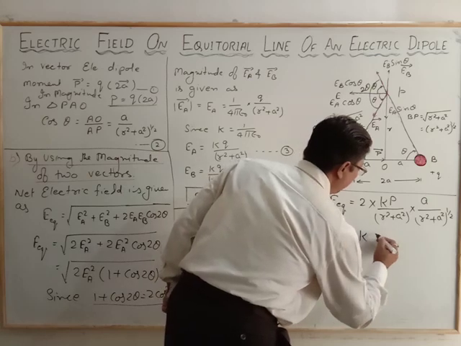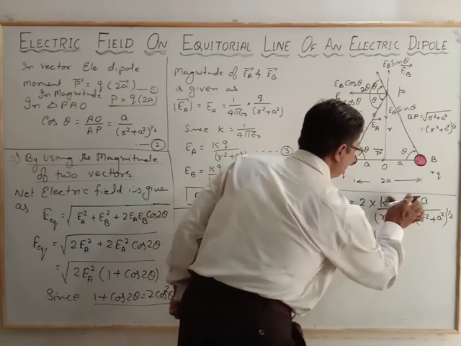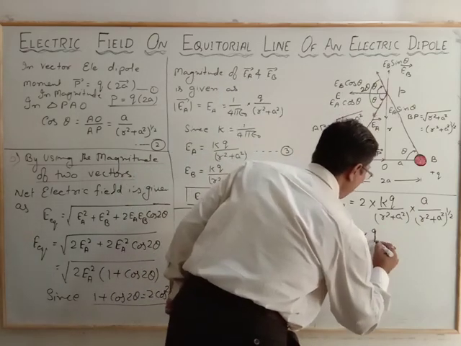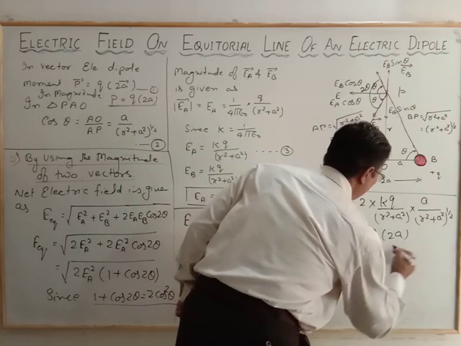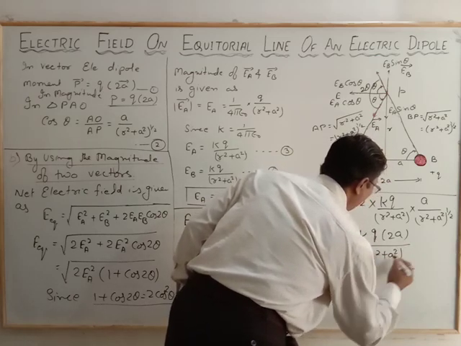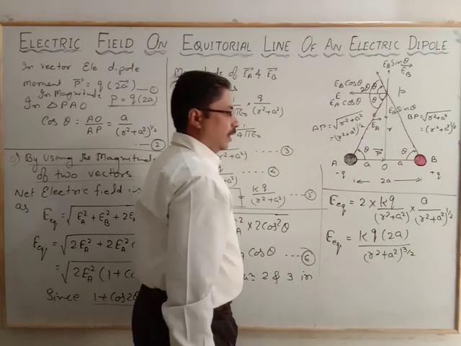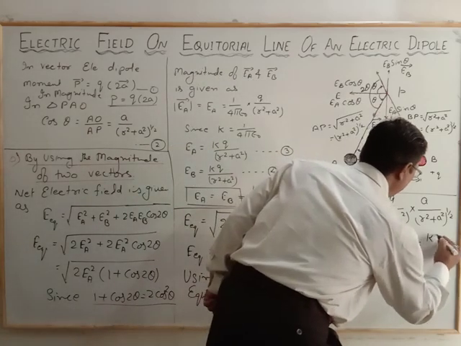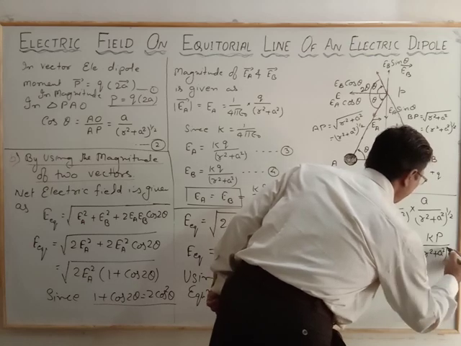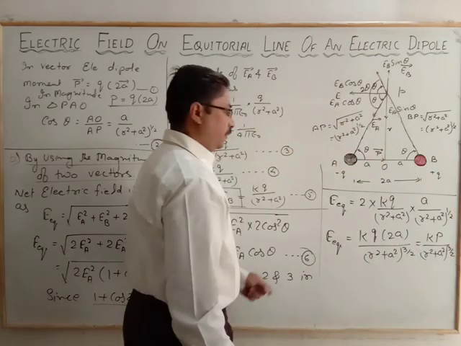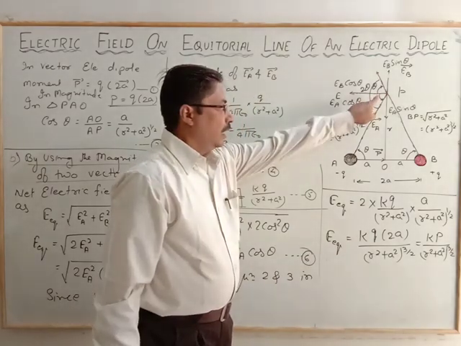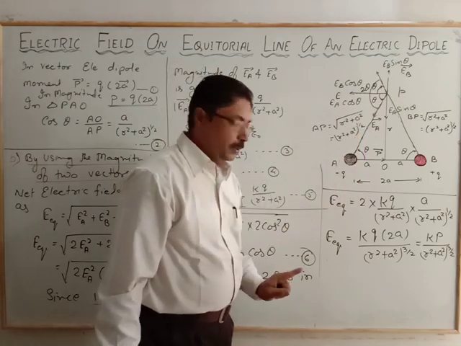So K into Q into 2a by r square plus a square whole 3 by 2, or we write it like this: Kp by r square plus a square whole 3 by 2. So we have the electric field at the point P due to the dipole.